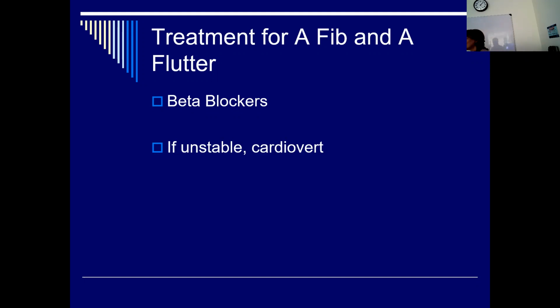When the atria are quivering, it's possible for blood to be in the atrium and not get pushed down into the ventricles. So the blood kind of pools or stagnates in the atria, and when blood holds still, it starts to form blood clots. So patients who have atrial fibrillation frequently end up having strokes because of it. How do you prevent them from having a stroke with these blood clots being pushed through eventually?